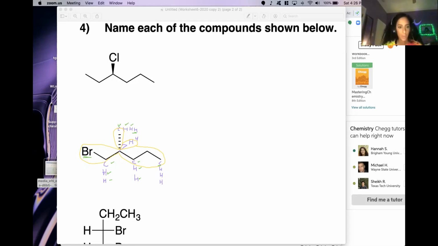Bromine's higher, so that would be your 1. Carbon versus hydrogen, 2, 3. And then this is on the wedge. I don't color my wedges in, probably a bad habit. Okay, so we're looking like S.